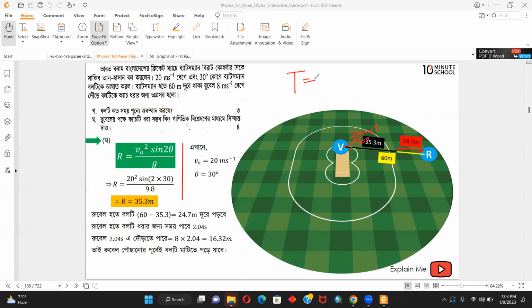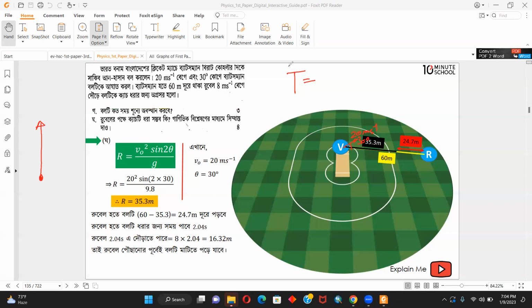What is the formula for T in case I have just thrown the ball in the upwards direction? When will it reach the highest height?